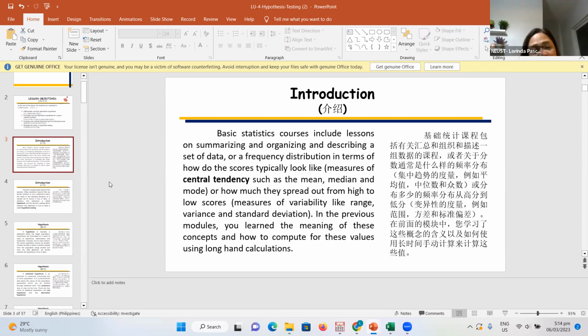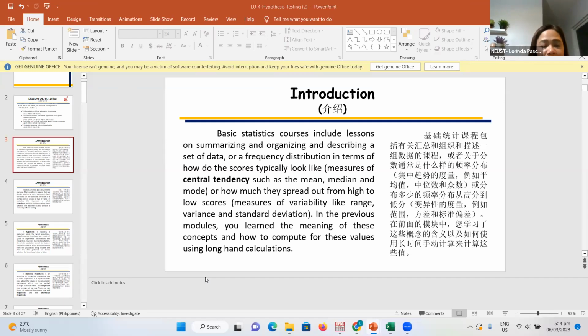Or sometimes we describe a data set based on how spread out it is from high to low scores. For this, we use measures of variability like the range, the variance, and the standard deviation.